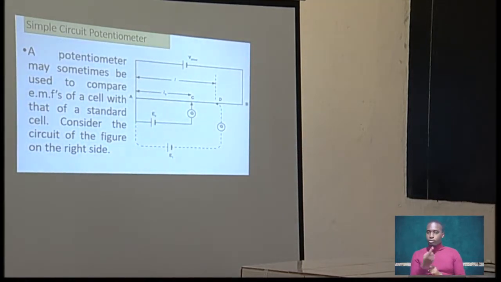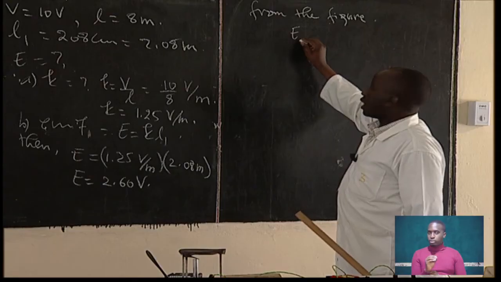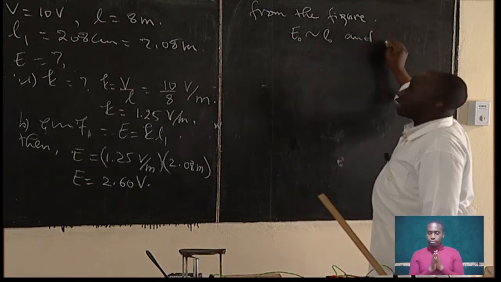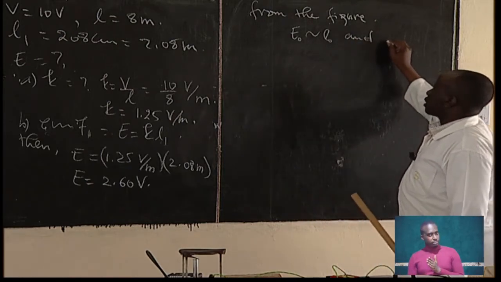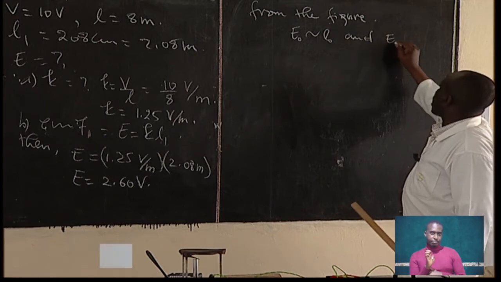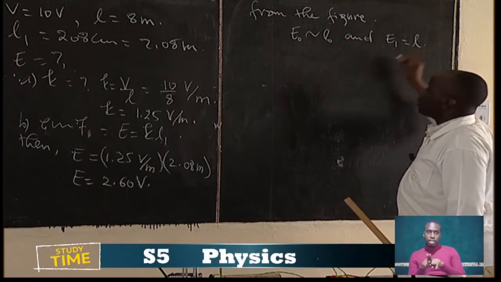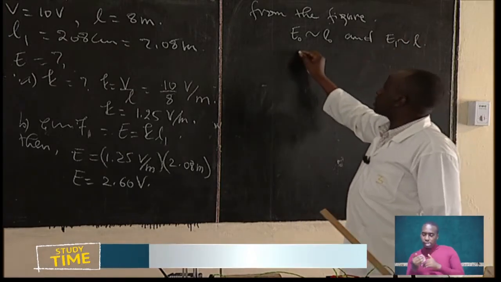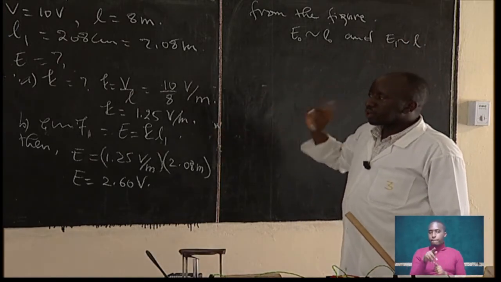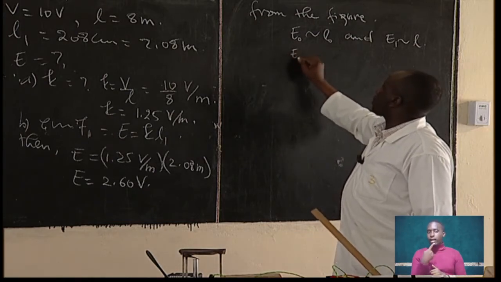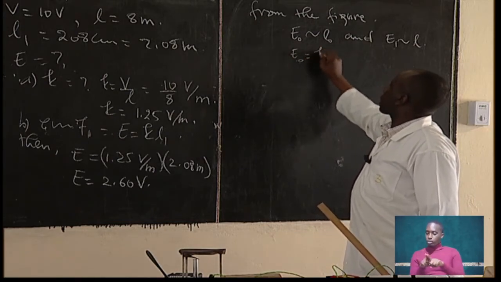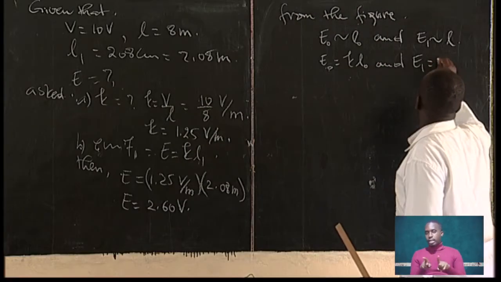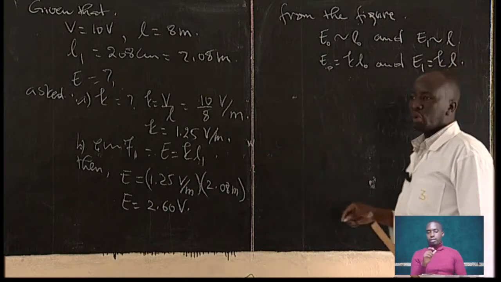So it means that E0 is proportional to L0, and what else? And that E1 is proportional to L1. So the constant of proportionality, as what we have said, is that potential gradient. And then we'll have E0 equals K L0, and E1 equals K L1.